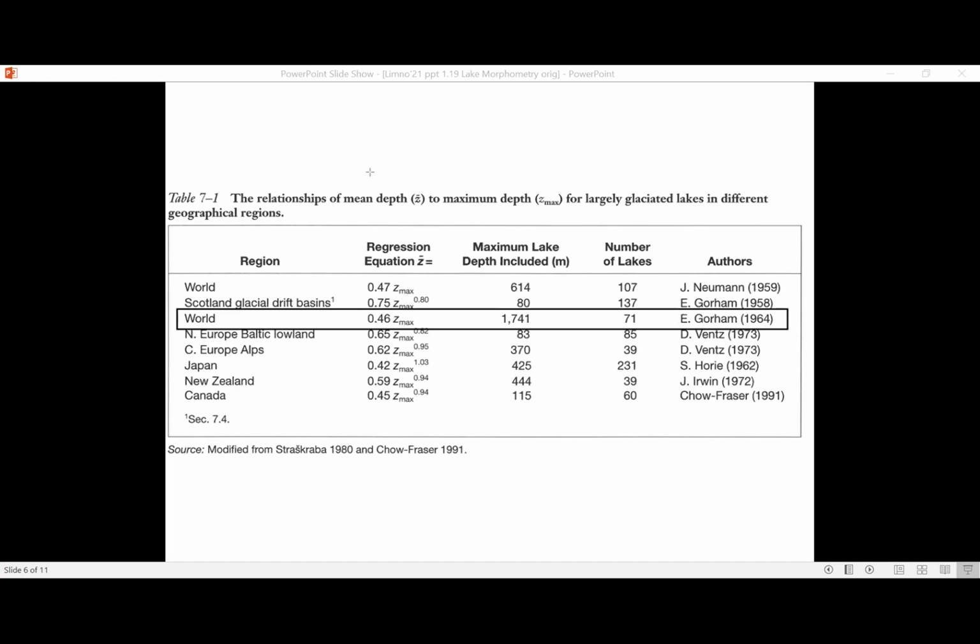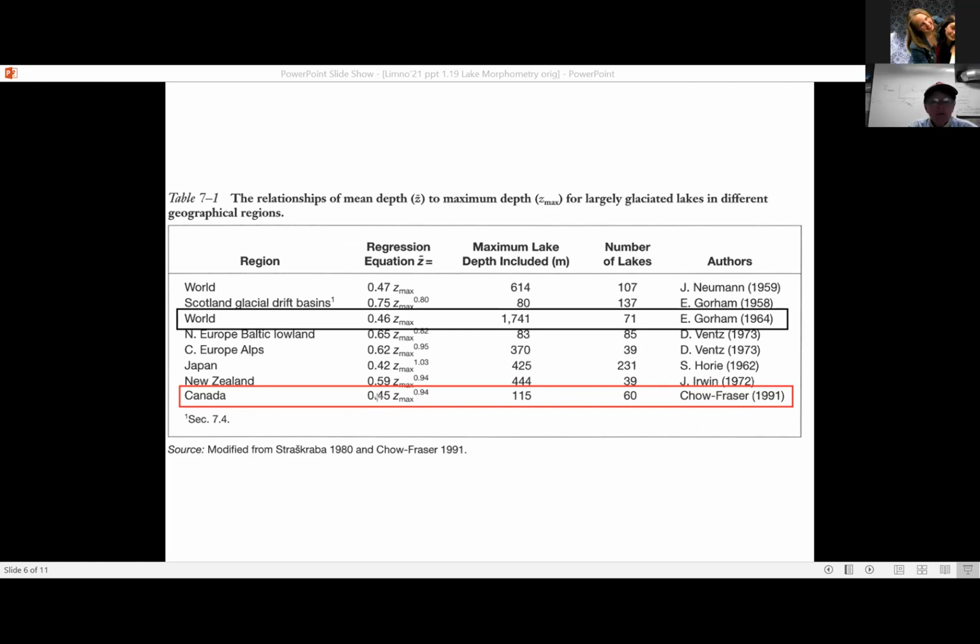Now you could look at these other data sets. For example, Gorham's, let me find another one. Let's just pick one at the bottom here, Chow Fraser's. You can see that the coefficient is 0.45, meaning typically the average depth of the lake is 45% of the maximum depth of the lake.